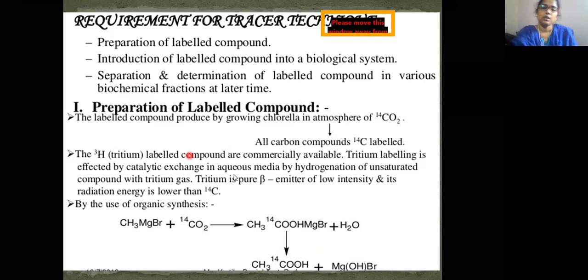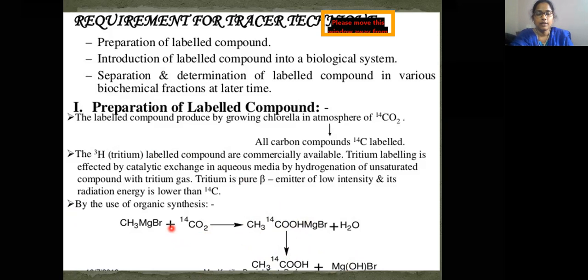Okay, so by using organic synthesis also we can introduce radioisotopes into the selected compounds.